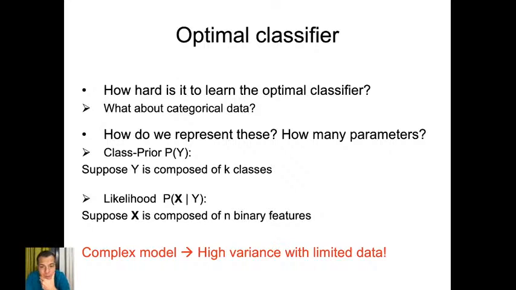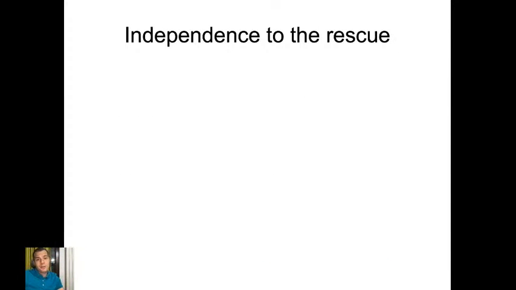It needs a lot of parameters to estimate, and if we don't have enough data to estimate, we will get very high variance. So the optimal classifier in practice does not work because we have limited data and it needs to estimate a lot of parameters.